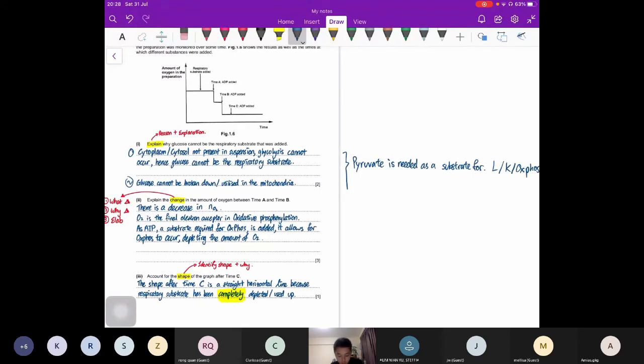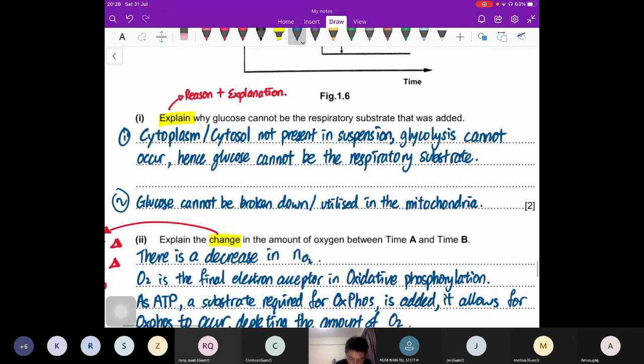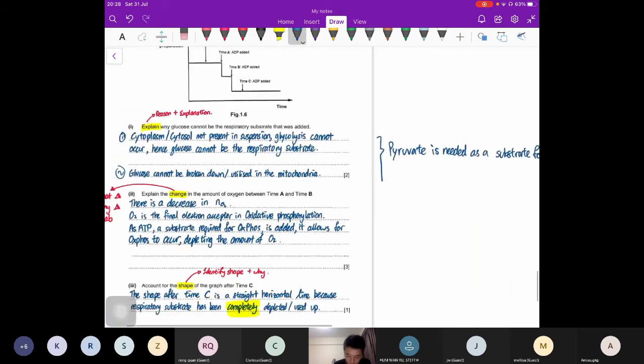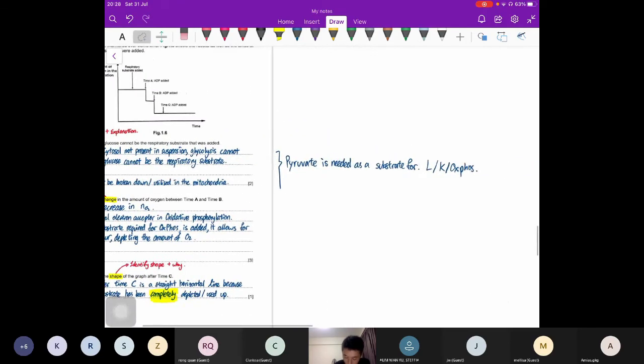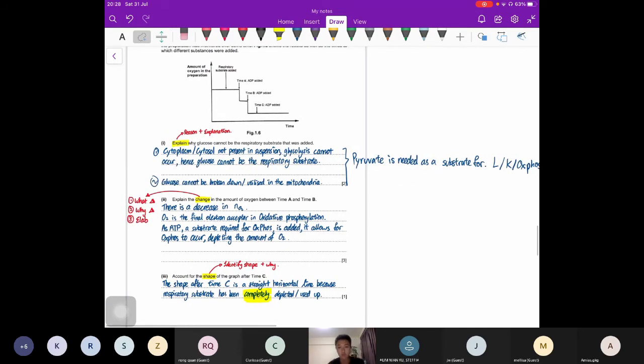That is the explanation as to why glucose is not the respiratory substrate that was added. So the first two, what I labeled 1 and 2, that is the first part of your answer. Either one of them can work. The second part of your answer is that pyruvate is needed for link and OXPHOS. That's why glucose could not have been the respiratory substrate.